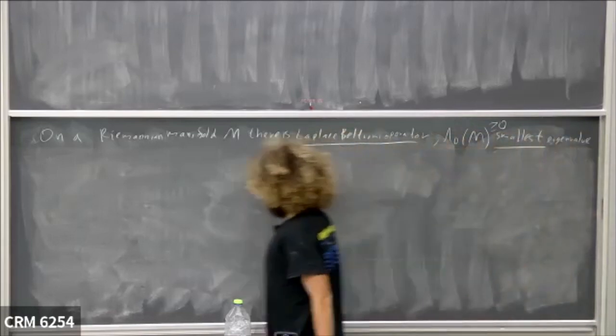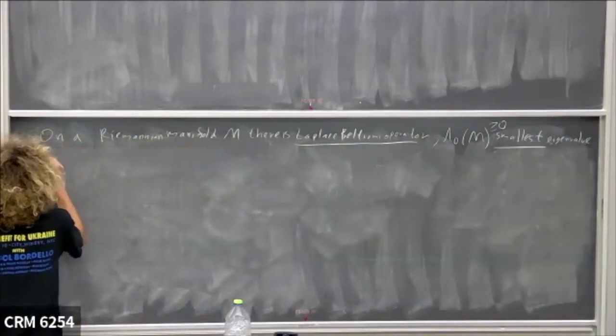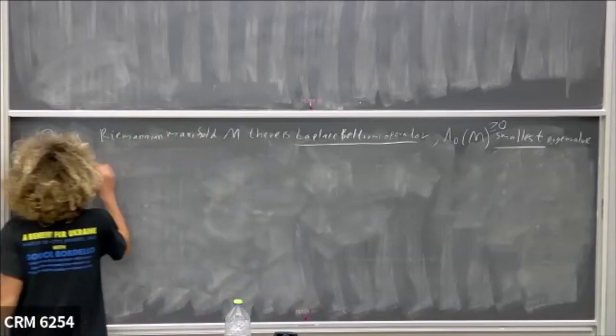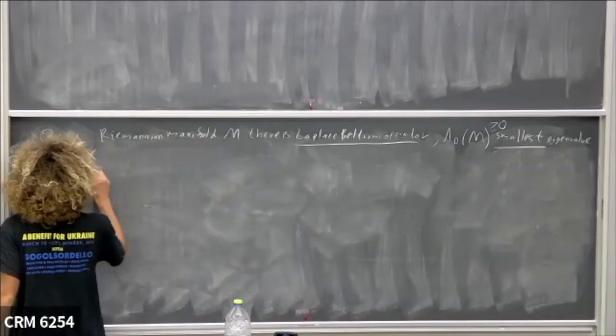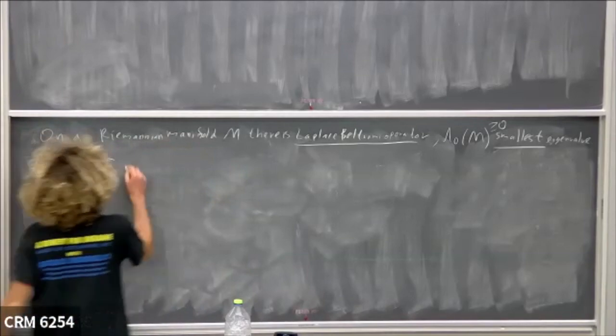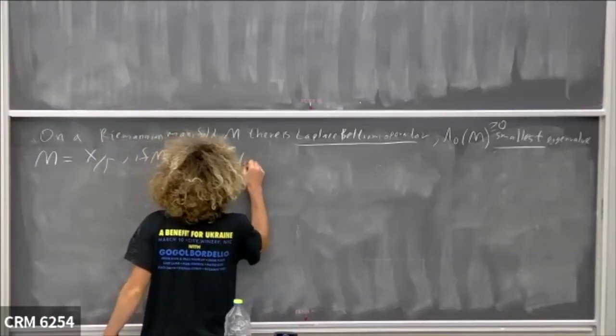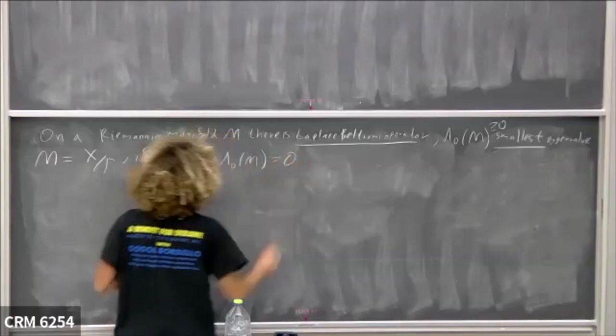Intuitively, back to the setting, M is X mod gamma. If M is compact, then this thing is equal to 0.